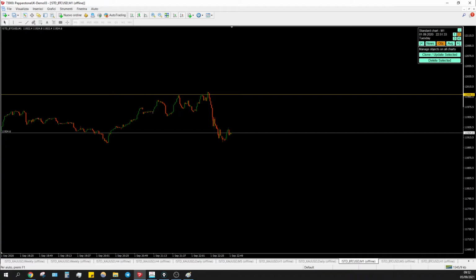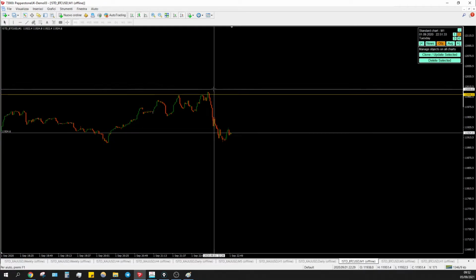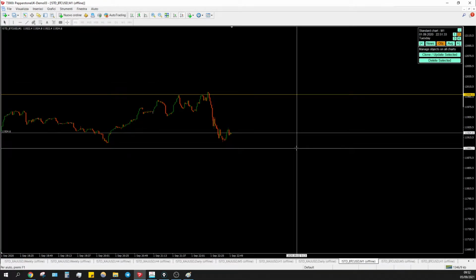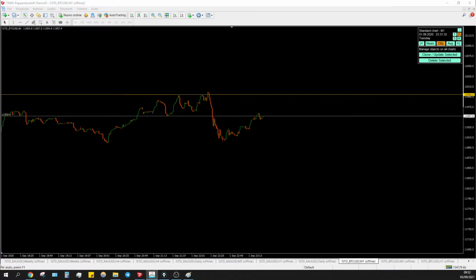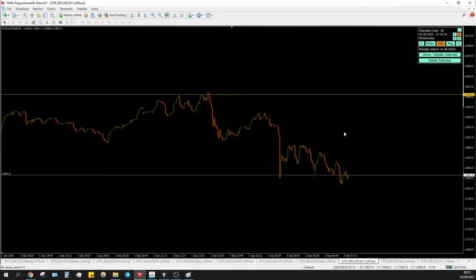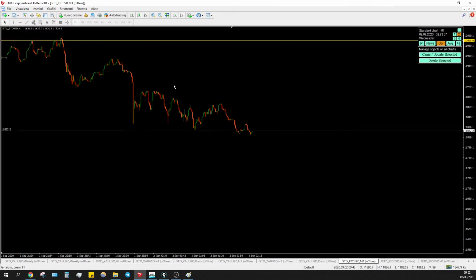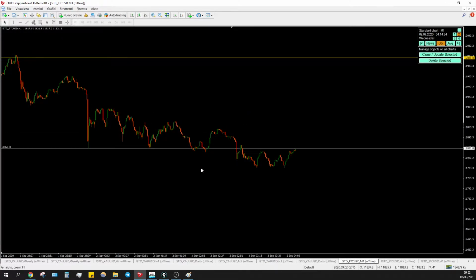Three times here, as you can see, failing to break and very strong rejection on the downside. Bouncing again, failing to break, 5 candle. These are the usual setups that we see on a daily basis.